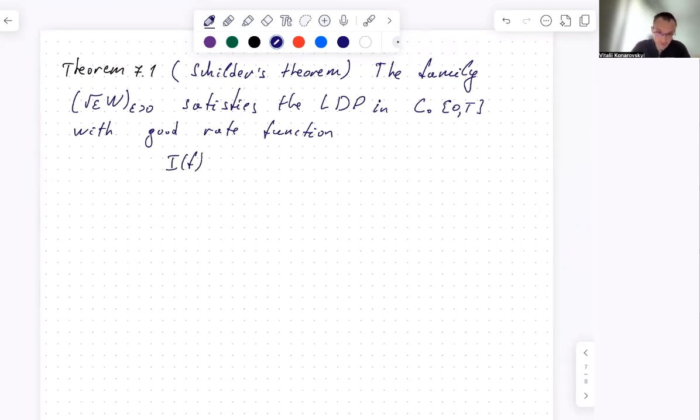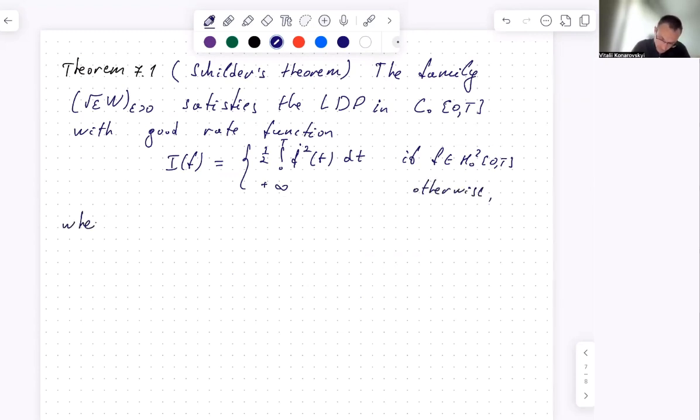I of f is equal to 1 over 2 integral from 0 to T of f dot squared. I will explain what it is because here we need to be now very precise. If f belongs to H0 2 [0,T], and plus infinity otherwise.